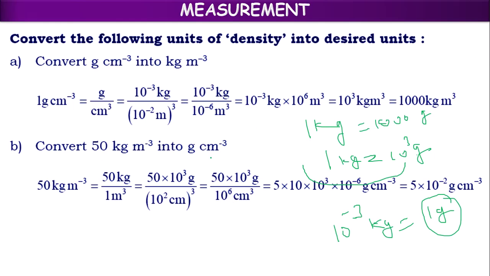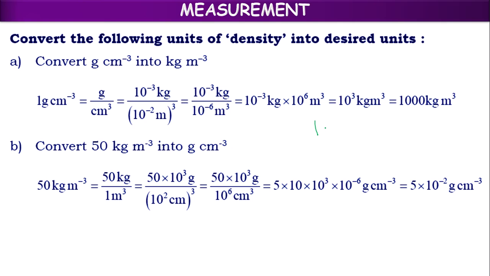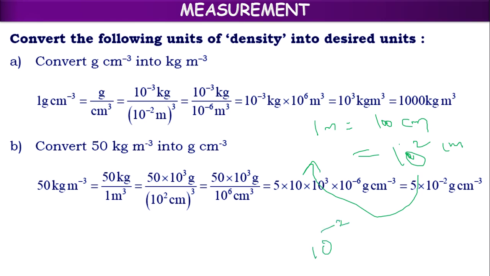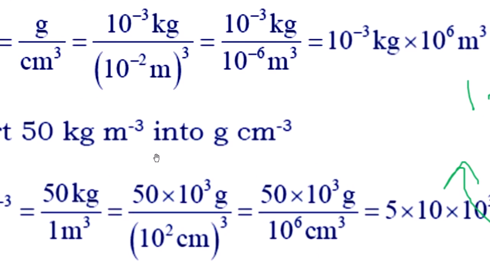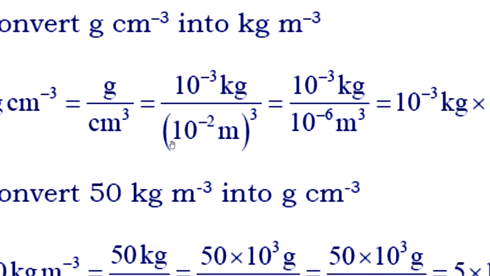And we also know that 1 meter equal to 100 centimeter, or 10 square centimeter. So then 1 centimeter, how much? 10 square will come this side. 10 power -2 meter equal to 1 centimeter. So in the place of centimeter, we can keep 10 power -2 meter. We have cube here, so we keep it as whole cube.